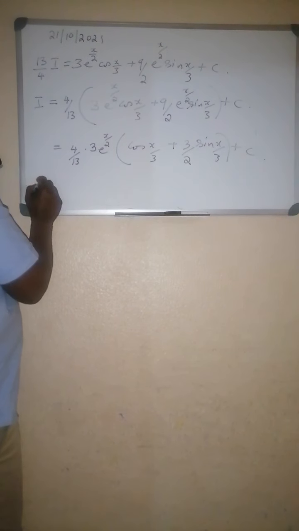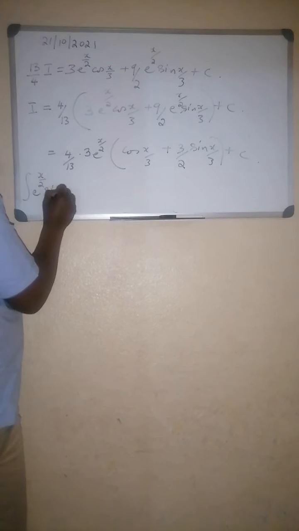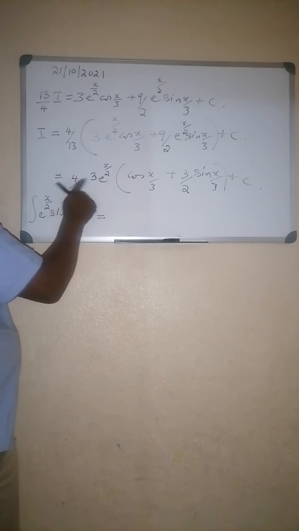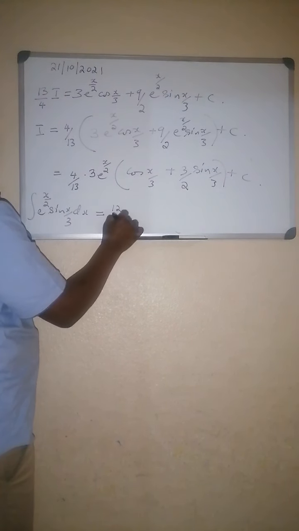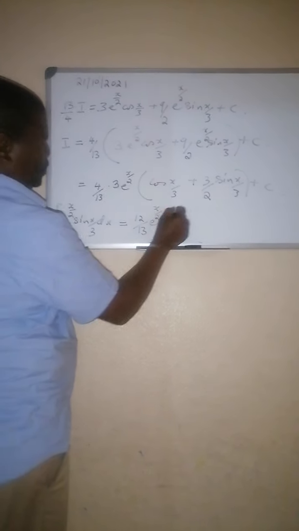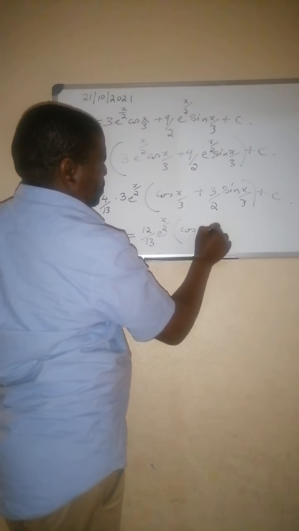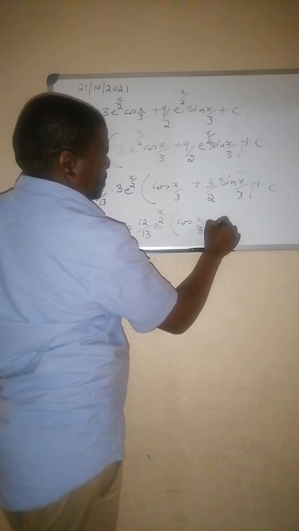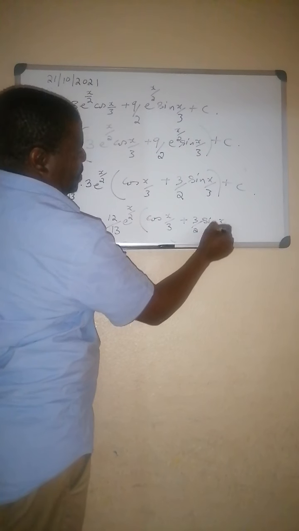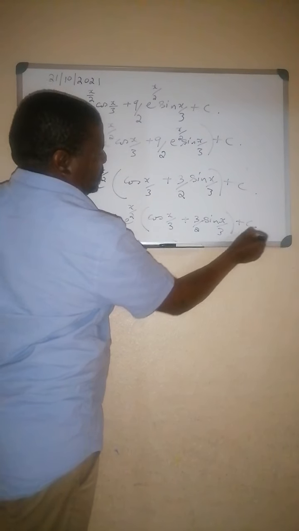Where finally I would say that this will then be 4 by 3 is 12, so I've got 12 over 13 e to the x over 2, open bracket, and in the bracket I've got the cos of x over 3 plus that one I need to take down as is, then I can add the constant.